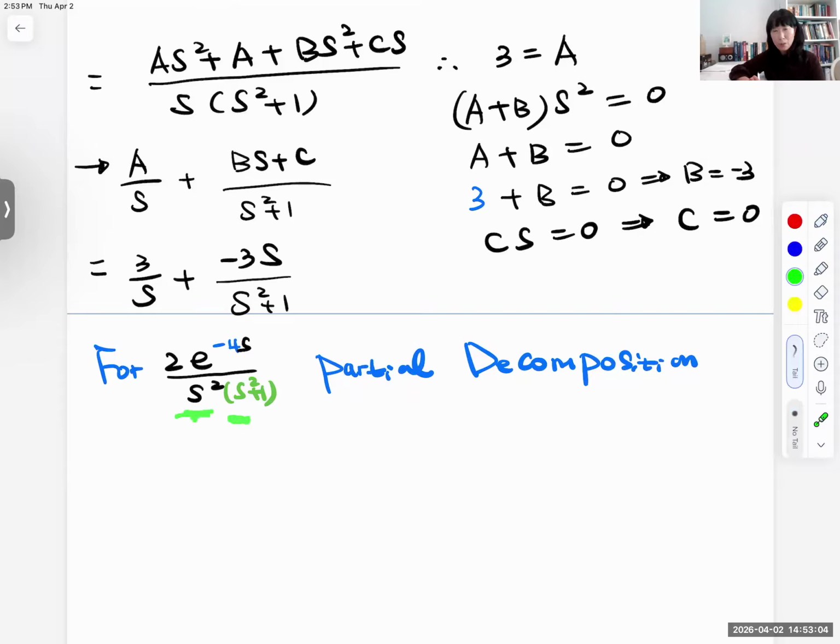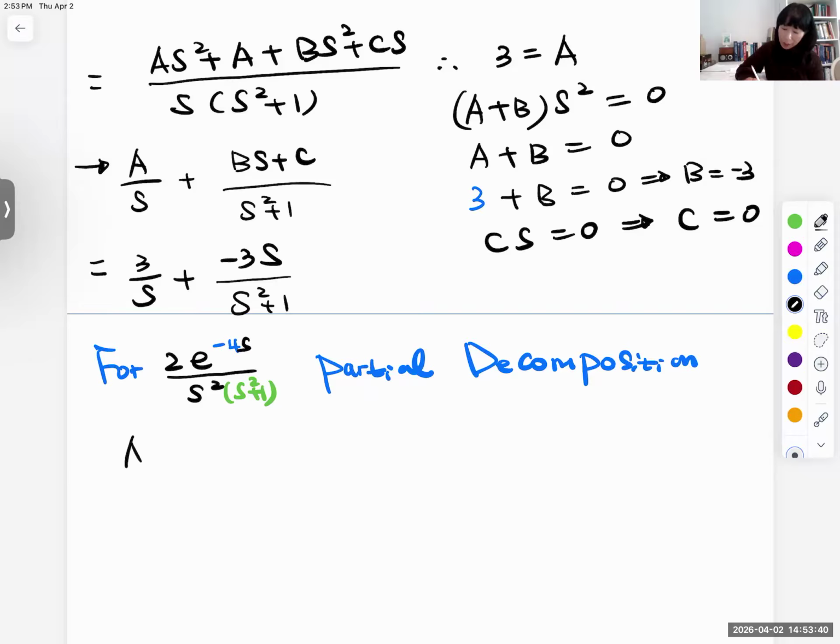And s squared plus 1. Okay, but then we will have before s squared. What is before s squared? Like s, what we had earlier, right? So we will make the composite like something s, so something s means a over s plus s squared, and then s squared plus 1. Make sense?